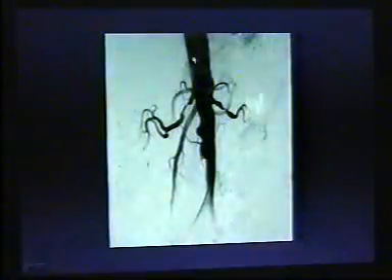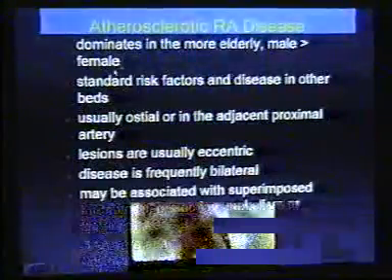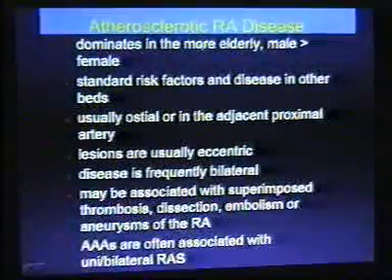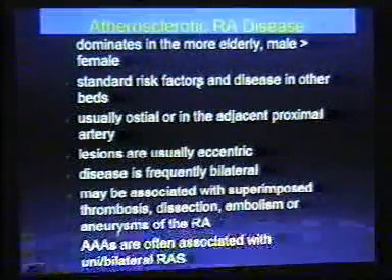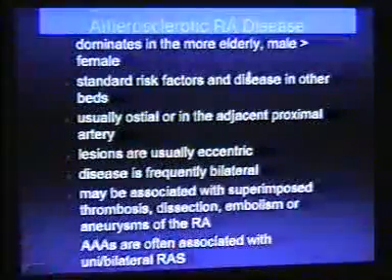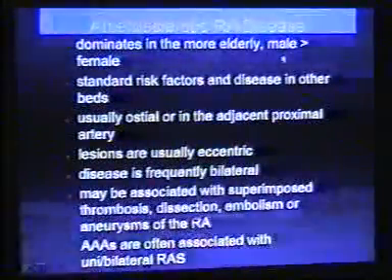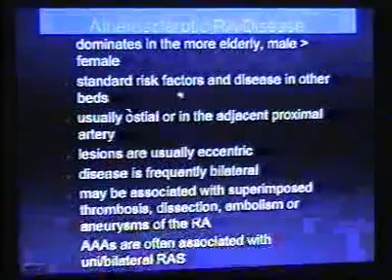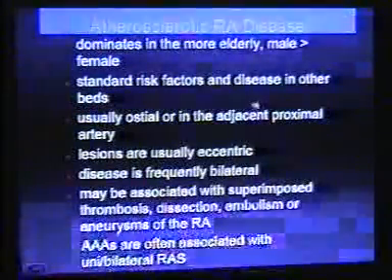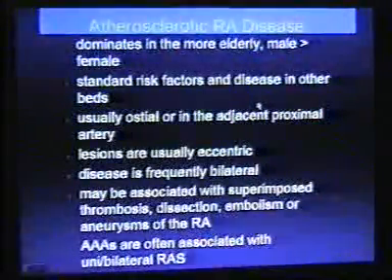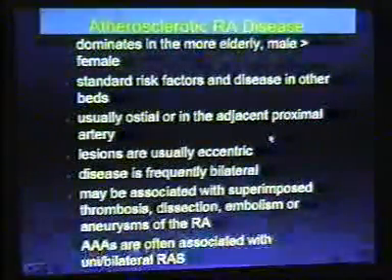You can see that this is abdominal aorta, and this was the vessel which was removed. Atherosclerotic renal artery disease has following characteristics. It dominates in more elderly male than females. Standard risk factors and disease in other adults, usually ostial or in the adjacent proximal artery.